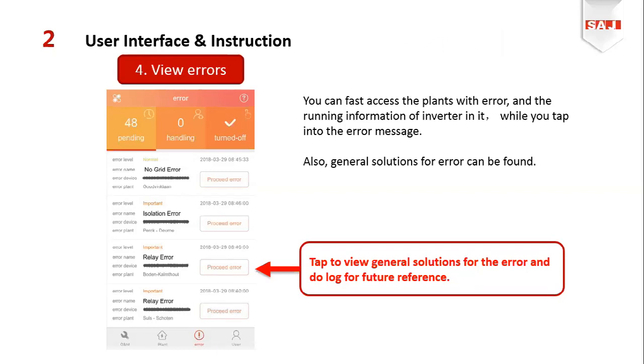While you tap into the error message, you will find the general solution for the error. Here you can see tap to review general solution for the errors and data log for future reference.